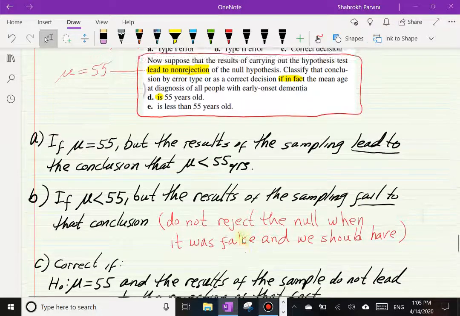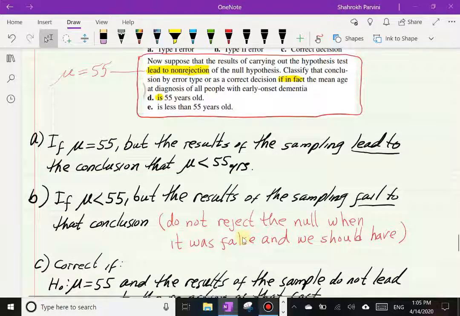Now, in part E, the last part of this exercise, again, they did not reject the null. This is what they believe now. But in fact, it is less than 55, meaning that would be the true state of nature I talked about earlier. They should have said it's less than 55, but they didn't because the sample did not provide support for that.